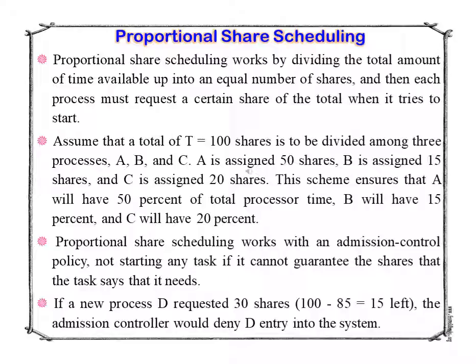Assume that a total of T equals 100 shares is to be divided among three processes A, B and C. A is assigned 50 shares, B is assigned 15 shares, and C is assigned 20 shares. This scheme ensures that A will have 50% of total processor time, B will have 15% and C will have 20%.